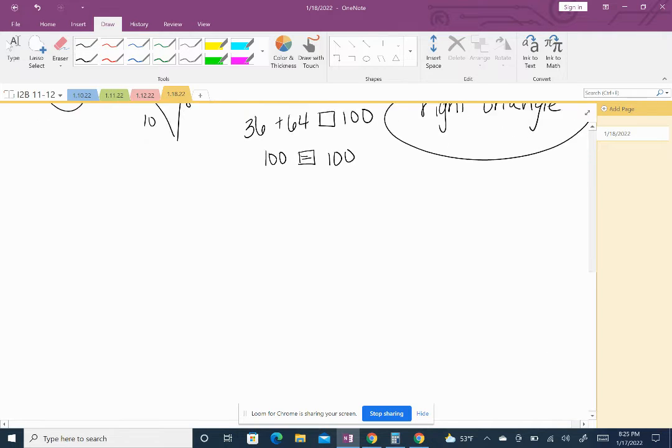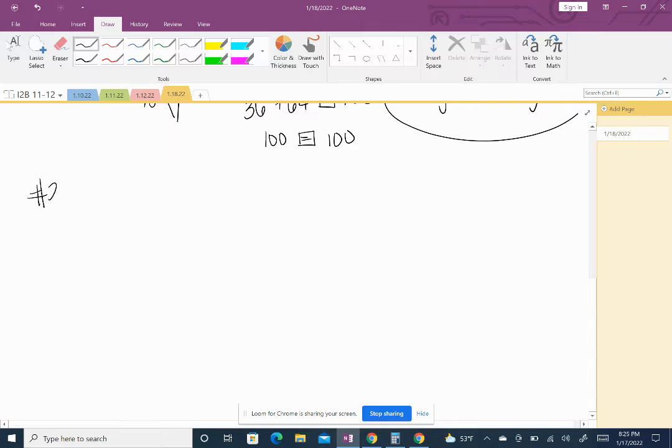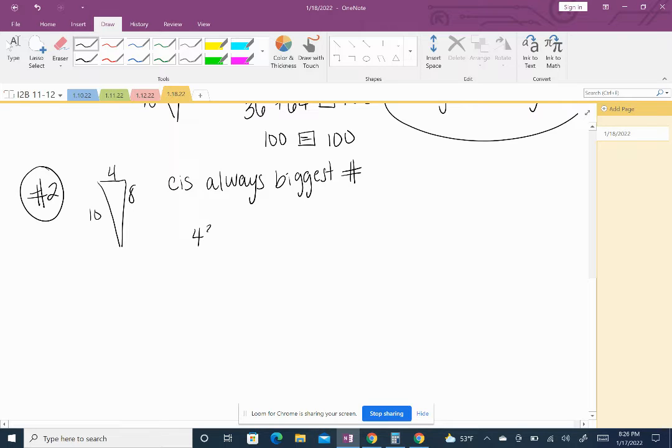Okay, let's look at number 2. So let's say we had one that was like this, 10, 4, and 8. Your C is always your biggest number. So we're going to have 4 squared plus 8 squared is something to C squared.